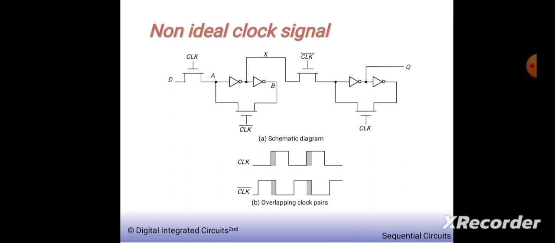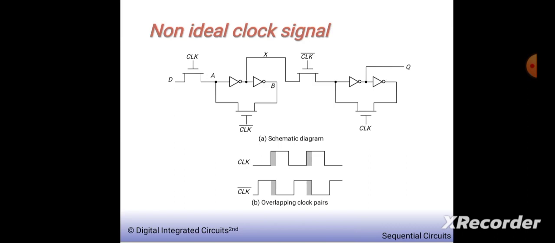In order to avoid the overlapping of the clock pairs, we need to make the connection like this. The output of my first one will be given to the next. In between the two inverters we take the output. The Q bar value is given as input for the slave.